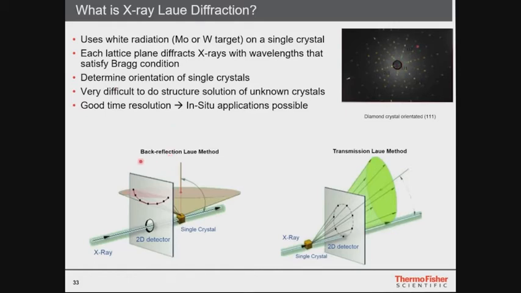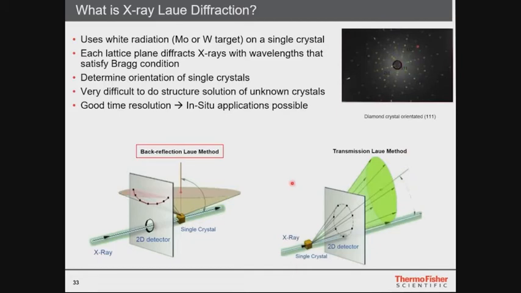The first setup is back reflection, where you have your source on the same side as the detector, with a hole in the detector, and then you measure the back reflected signals. It's also possible to measure in transmission mode, where you just shoot through your crystal and you measure the signals on your detector on the opposite side. So that's similar to classical single crystal diffraction.